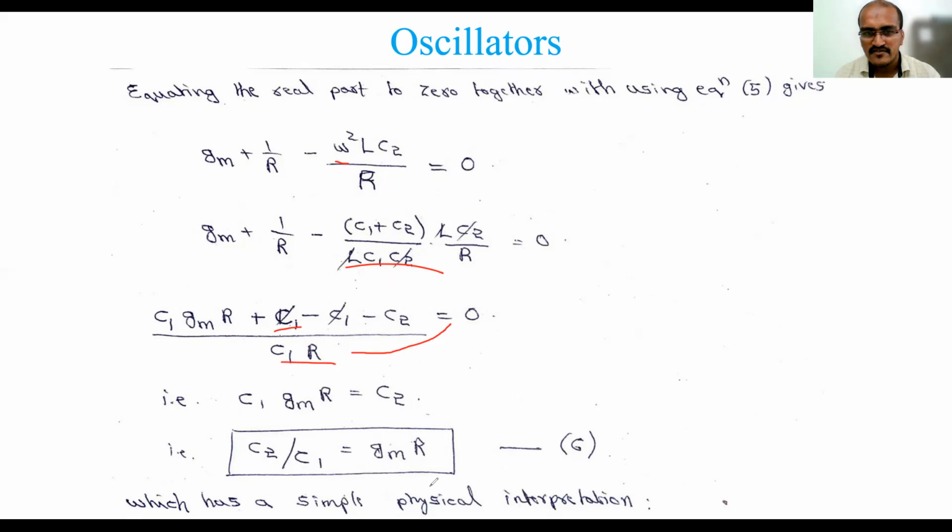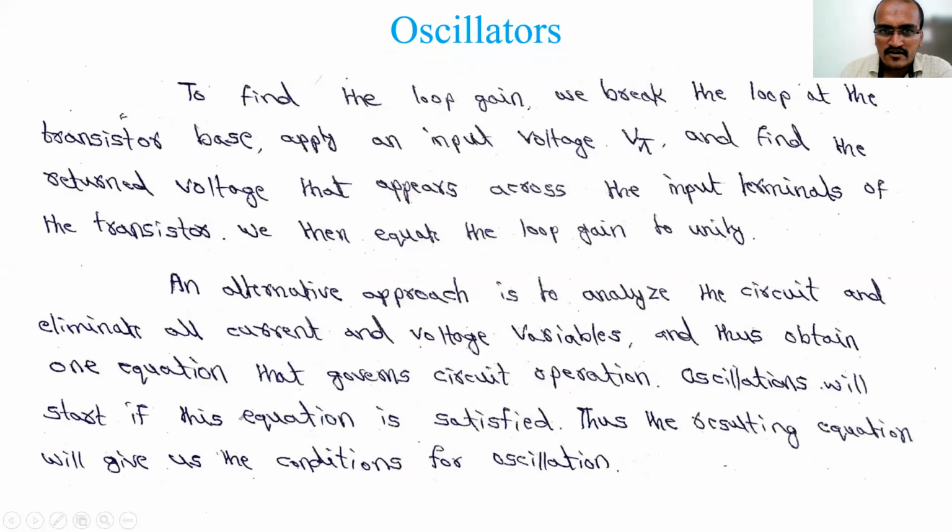This has a simple interpretation. What is this C2 by C1? I told you one point yesterday, so I will recall that from the very beginning, in the LC oscillator or Hartley oscillator.